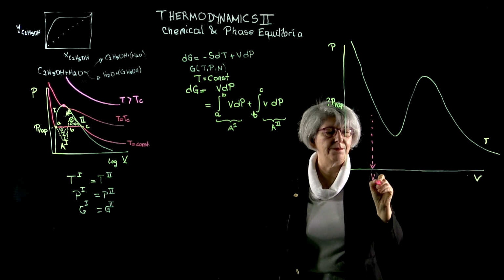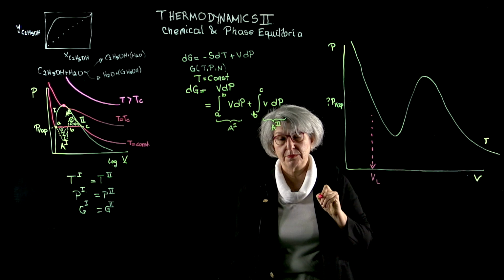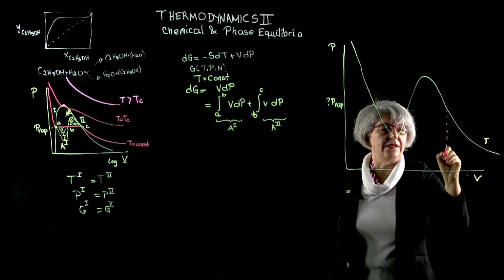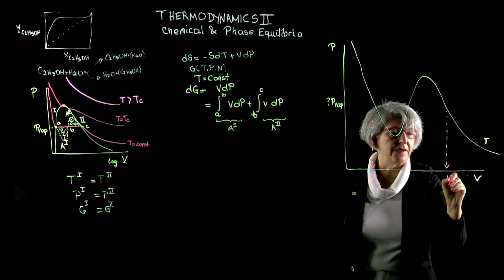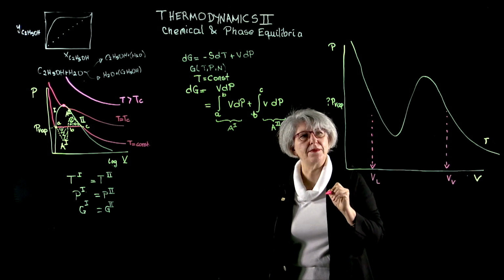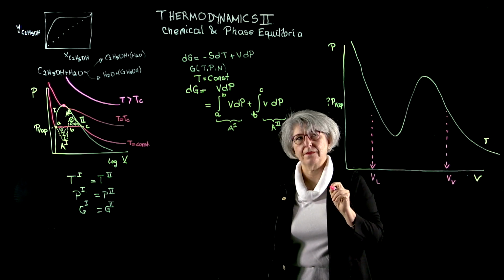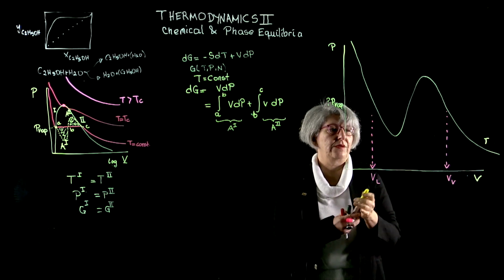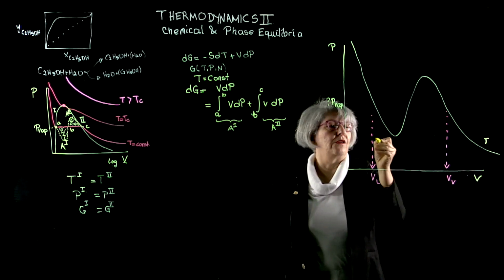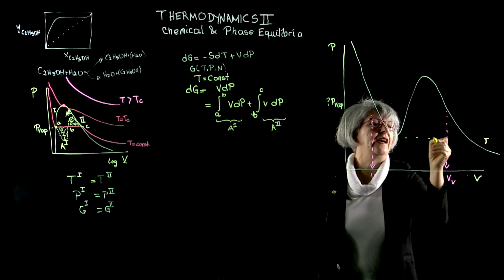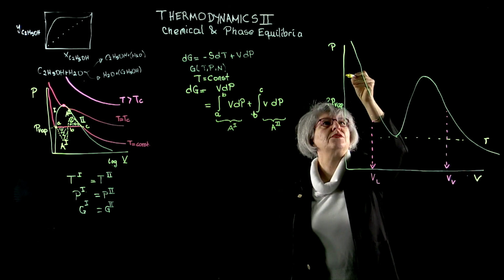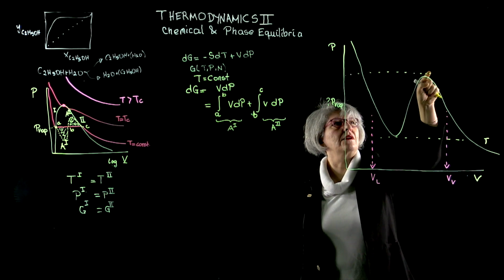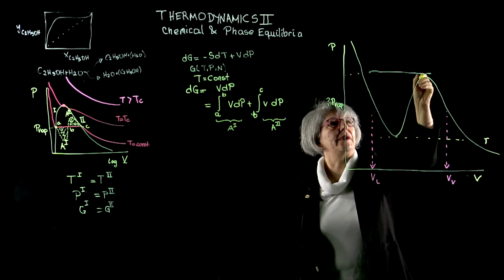something that represents the specific volume of the liquid, something that will represent the specific volume of the vapor. And we see that between those 2 points of extremum, we have infinitely many options for P and T pairs.